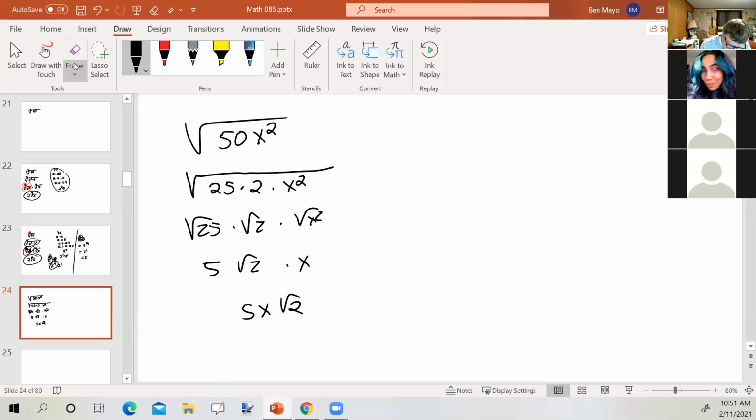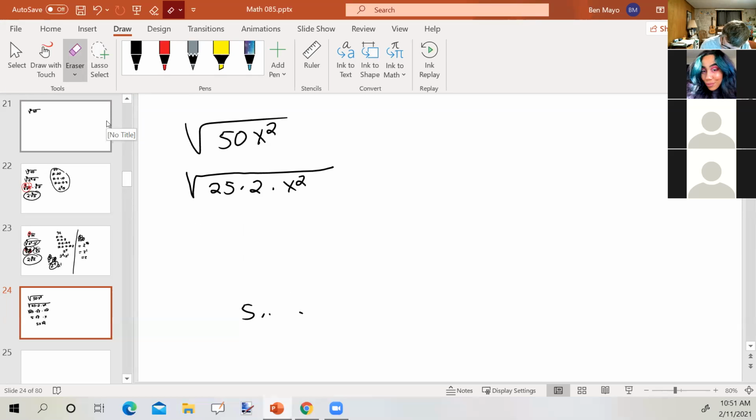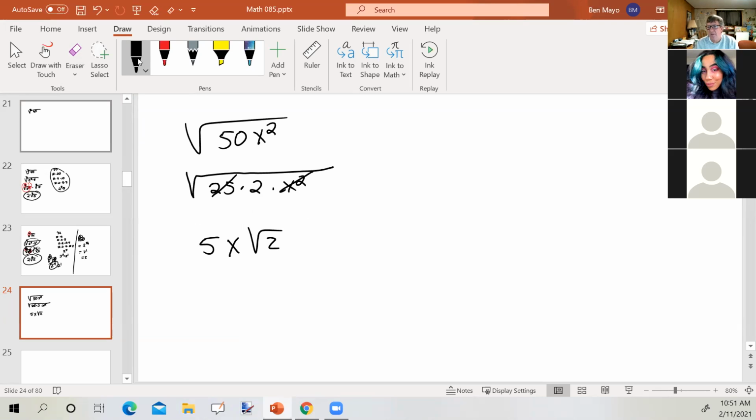So what I'm going to do now is say, why don't we just do it a piece at a time and say, okay, the square root of 25 is 5 outside. The square root of 2 I can't do anything with. The square root of x squared is x outside, so I get 5x square roots of 2. And that's how I can do that step a little bit more efficiently. Any question about that?